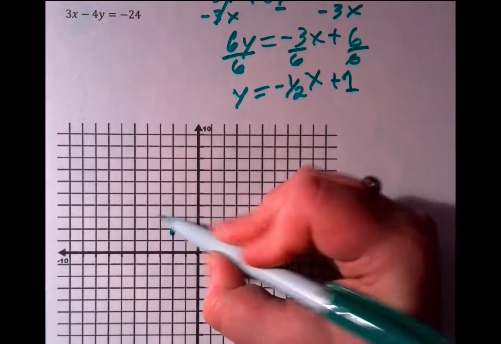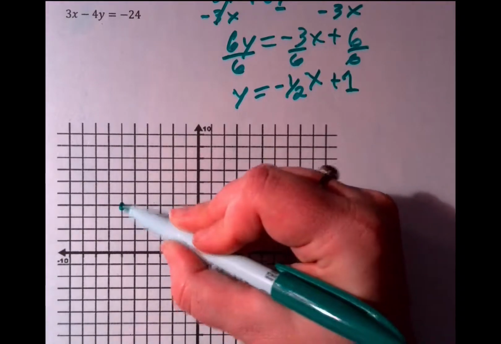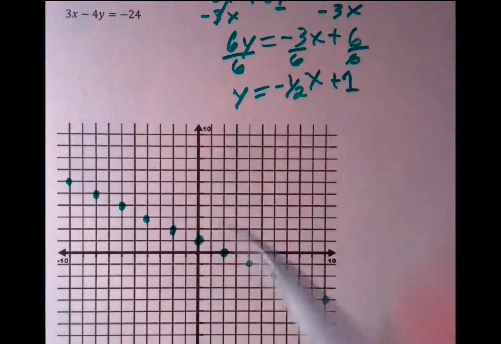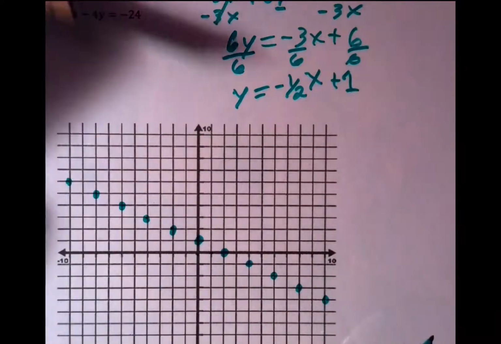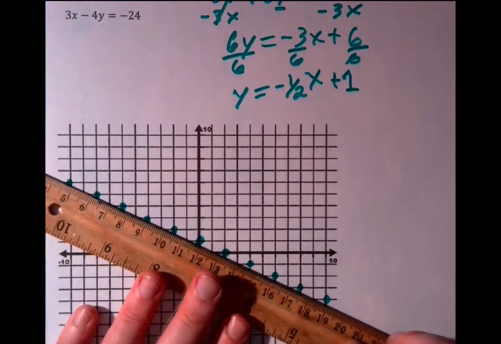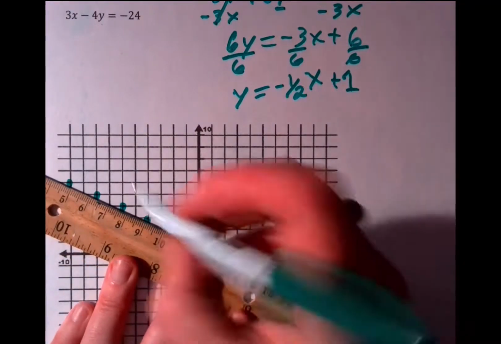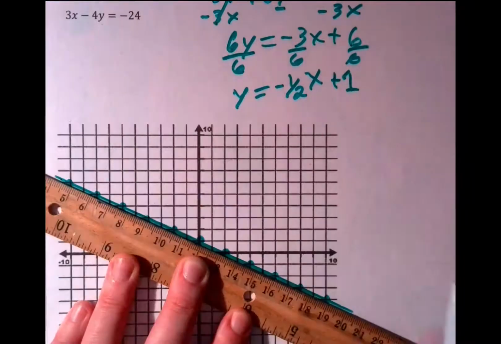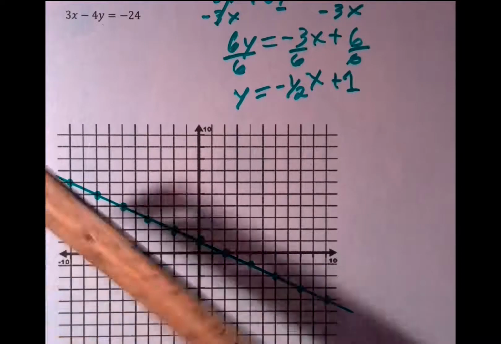This first line, I like to do as many points as possible, just so that when we do our second line, it's easy to tell. Like I talked about when we were graphing, make sure you always draw your line to the edge, because our line does not stop at the edge of the graph.